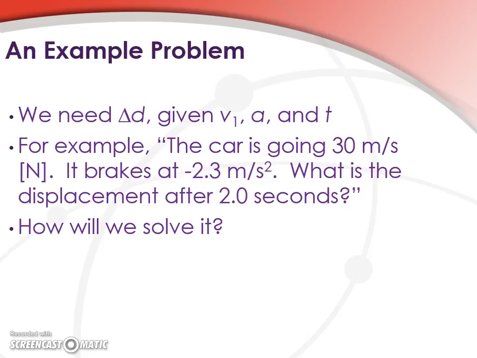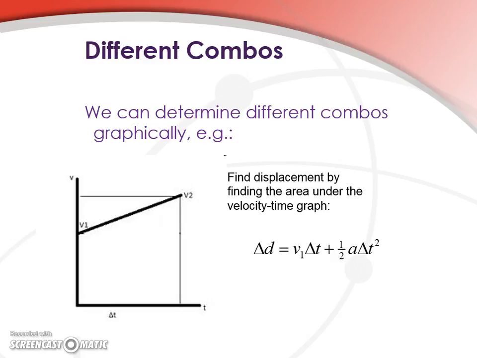We're asking for the displacement. So how do we solve this? In fact, we could do this graphically. So this is just like the weekend homework. We could solve for the area underneath the velocity time graph, just like we did on the weekend, and we could get an appropriate expression.